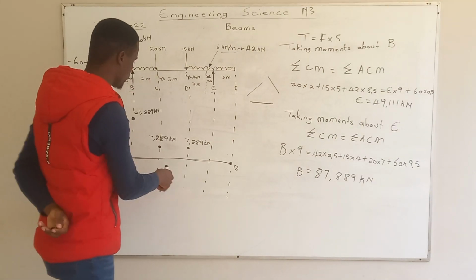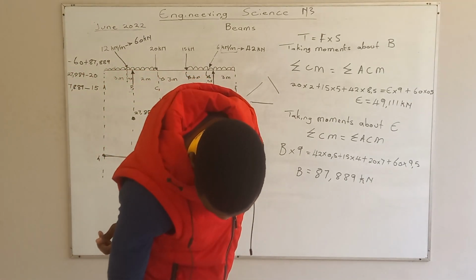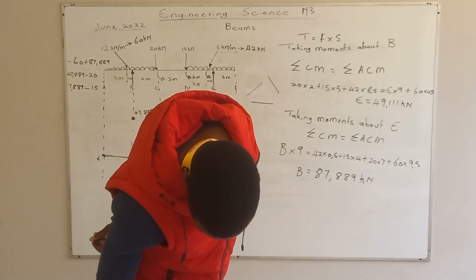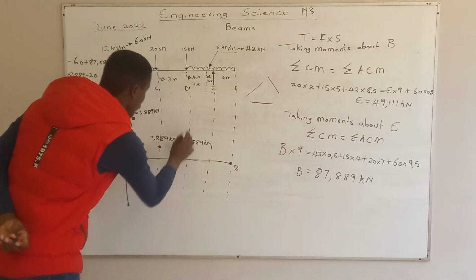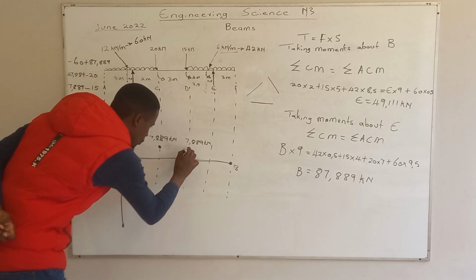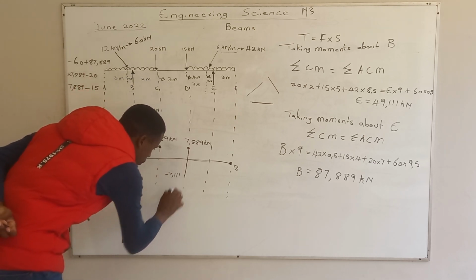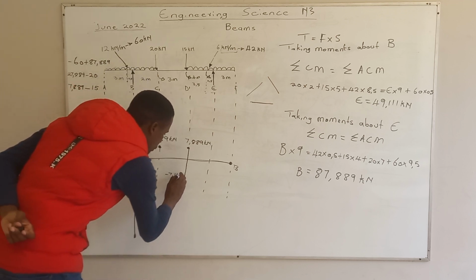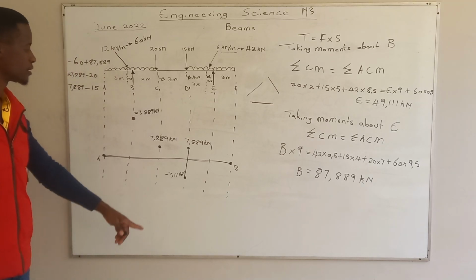When you subtract 15, 7 minus 15 gives us what? A calculator. To me, it gives me negative 7. So it means I'm going from here downward. Negative 7.111 kilonewtons. So this is where my negative 7 is.